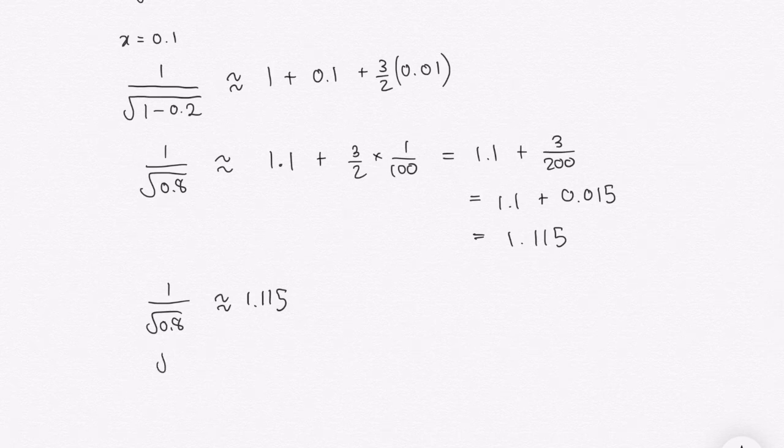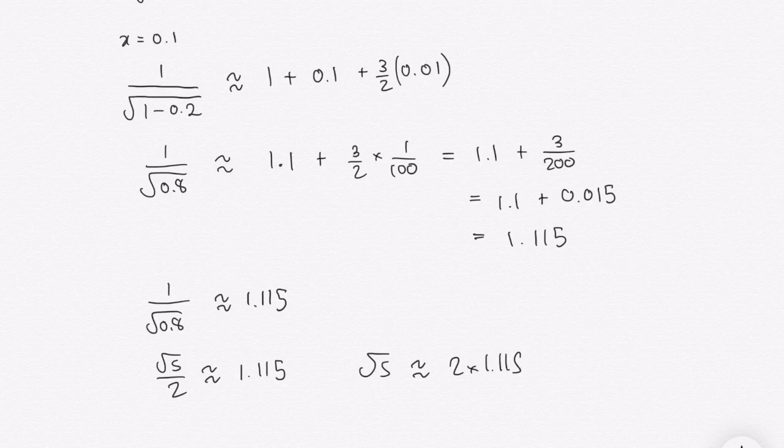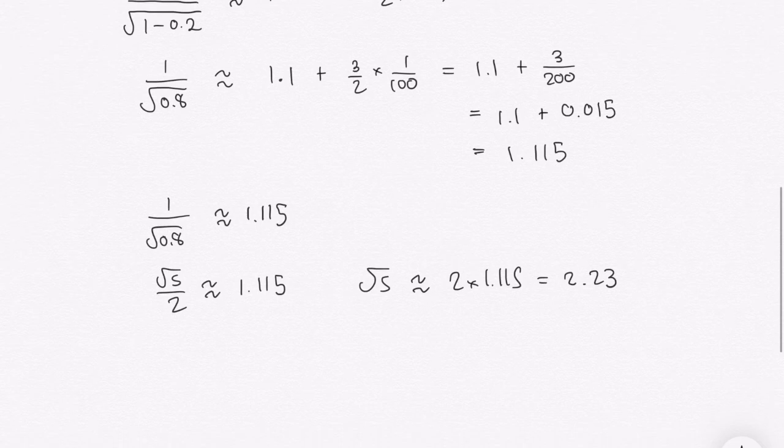So root 5 over 2 is approximately equal to 1.115, and therefore root 5 is approximately equal to 2 lots of 1.115, which is 2.23. So we've got an approximation for root 5.